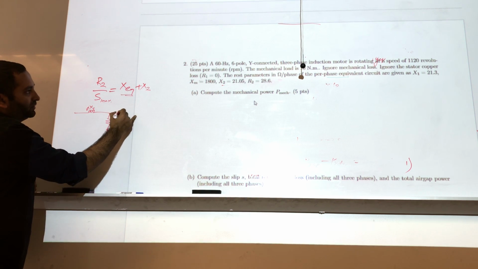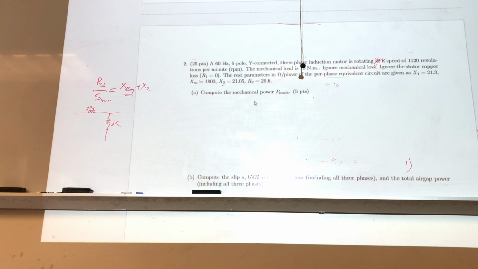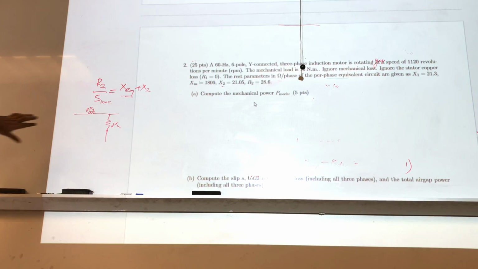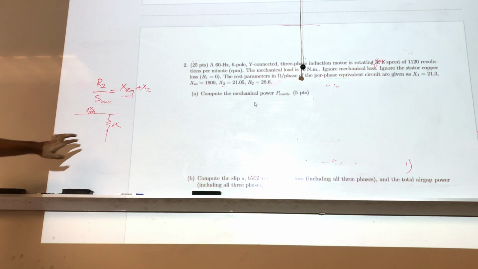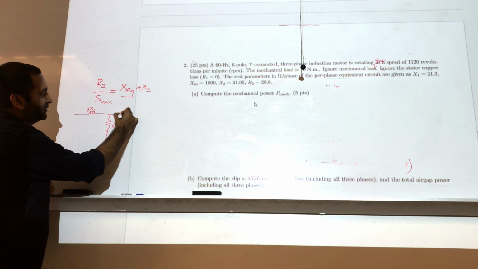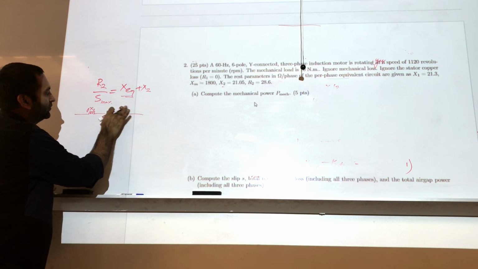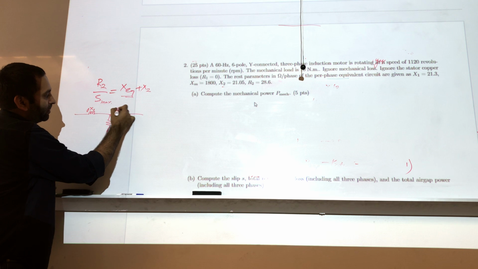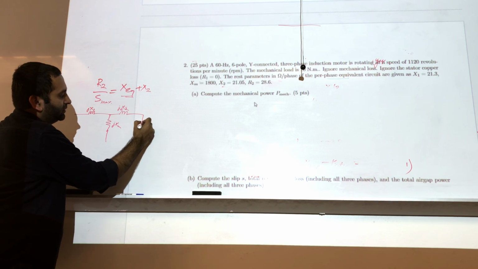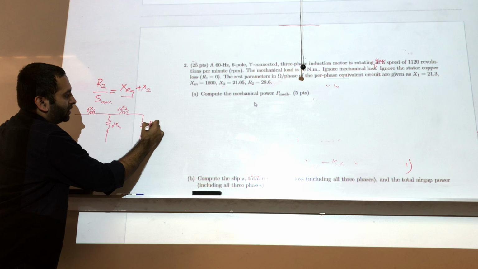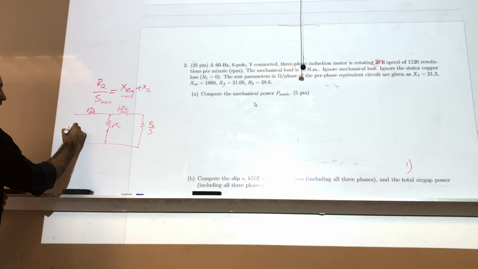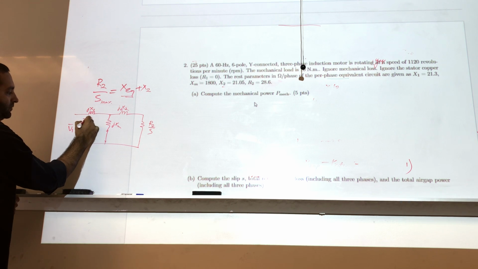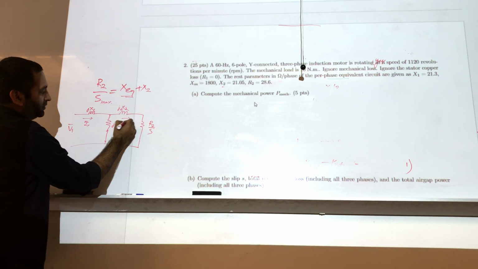Doesn't it give it to you as the per phase equivalent circuit? Yeah, this is the per phase equivalent circuit. So X1 is given as 21.3 and XM is given as 800 and then X2 is given as 21.5, and then this is R2 over S, this is V1, I1, this is I2.